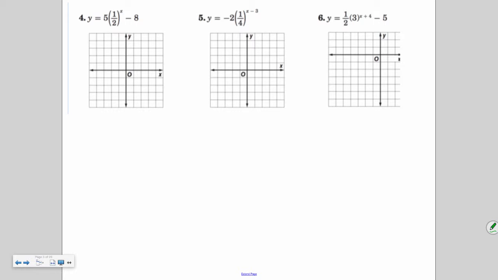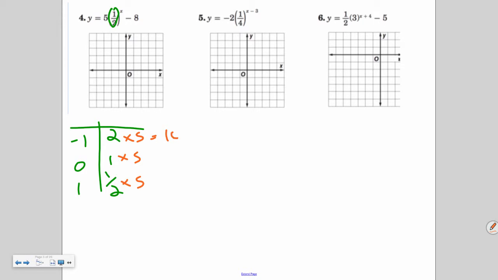Number 4 has the 1/2 with it. So all that does is it changes my graph. It flips where that fraction is. But I just follow the same procedure where I multiply by the outside number.